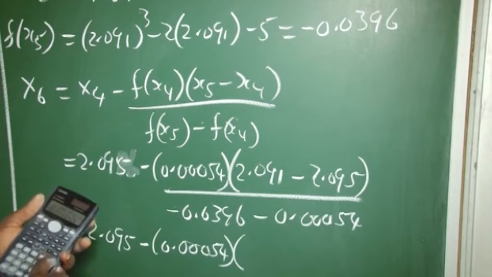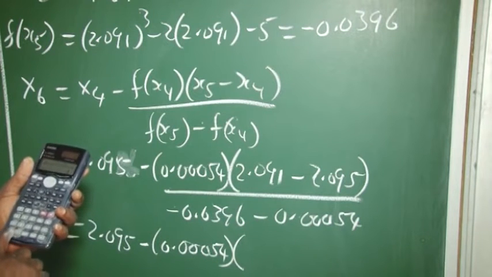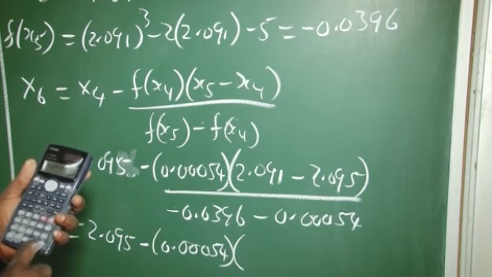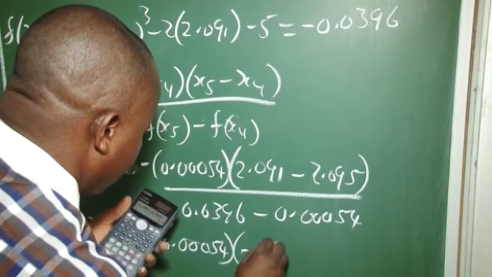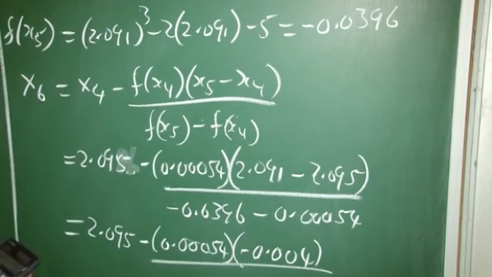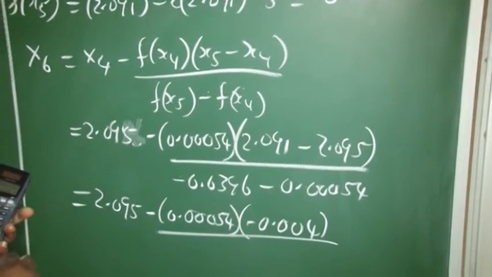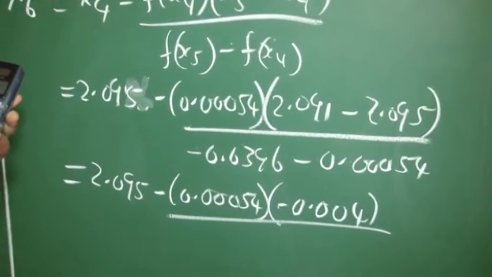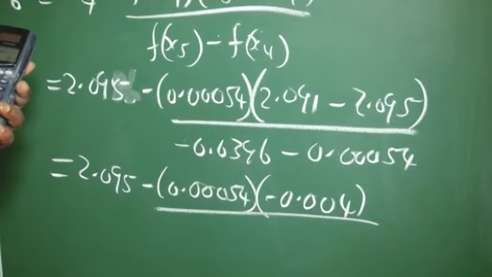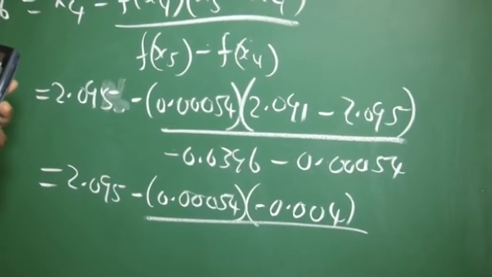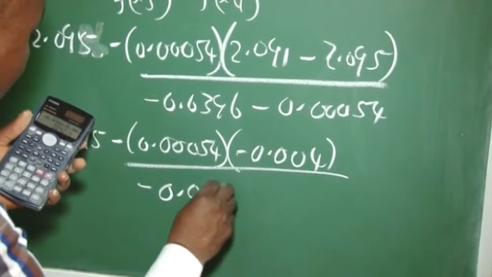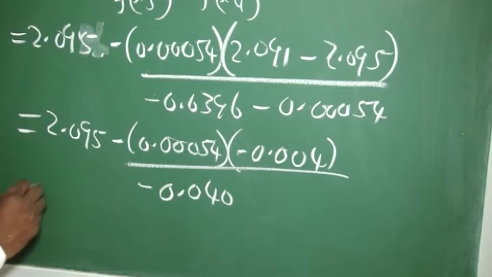Then this way will give us (2.091 minus 2.095), which is minus 0.004, over, and if we go this way, we'll have minus also. So that is minus 0.0396 minus 0.00054, which gives us minus 0.040.